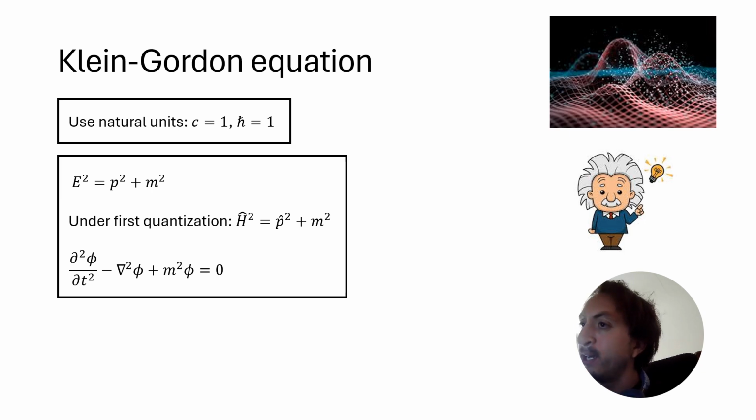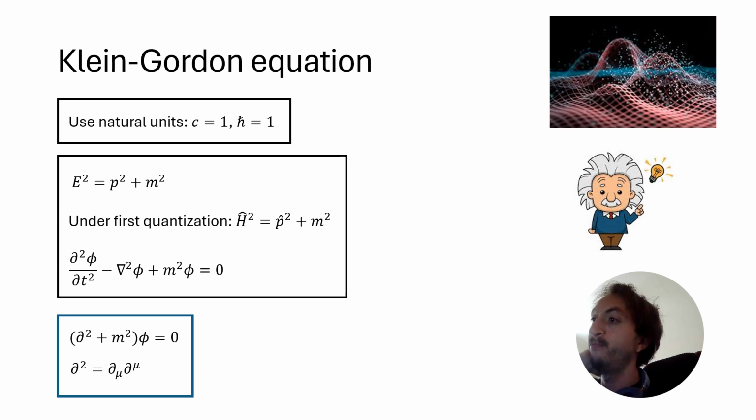However, we've still written it as if time and space are separate things. So to deal with that, we define something which is like the version of the Laplacian operator, but in 4D space-time, which is like nabla squared. You can think of it as the scalar product of the full gradient with itself, but in the context of special relativity.